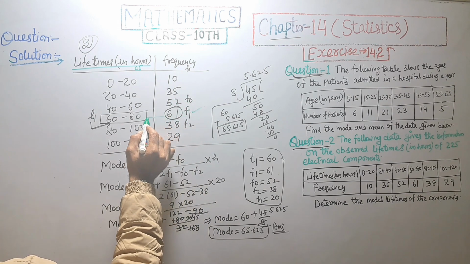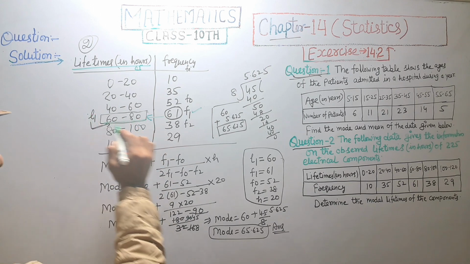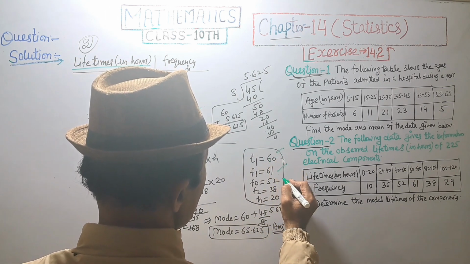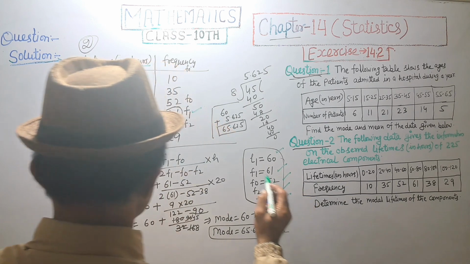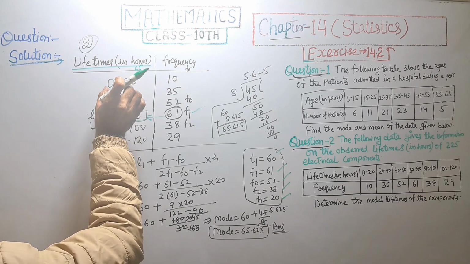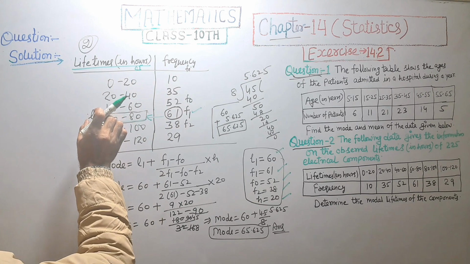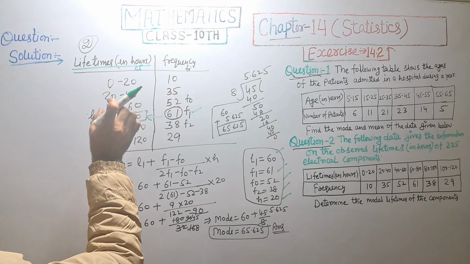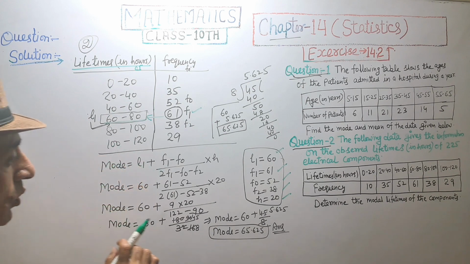In the class interval, 60 is l1, f1 is 61, f0 is 52, f2 is 38, and h is the class interval difference: 20 minus 0, that will be 20, and between 20 and 40, that is also 20.